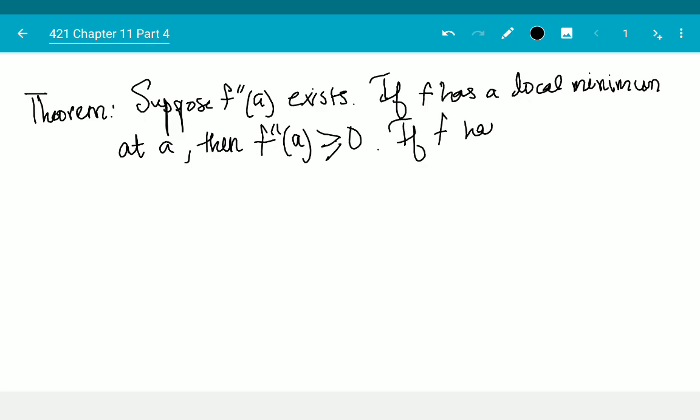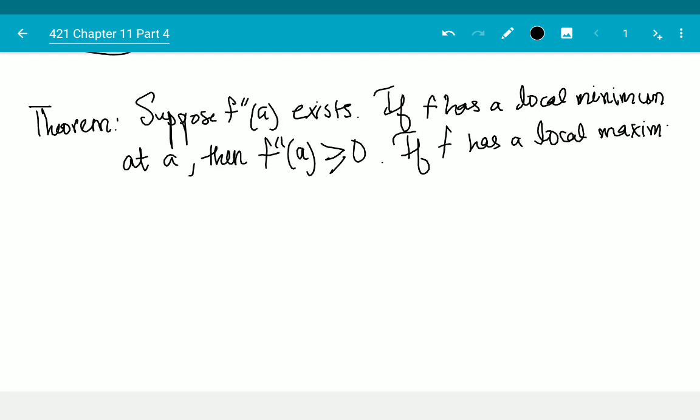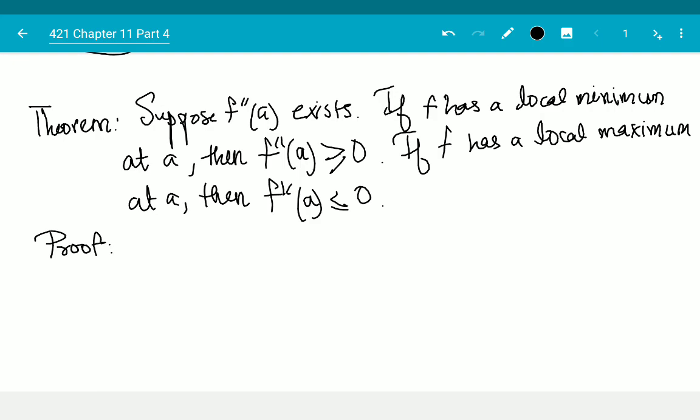If f has a local maximum at a, then f double prime of a is smaller than or equal to 0, right? So the other way around is also more or less true.